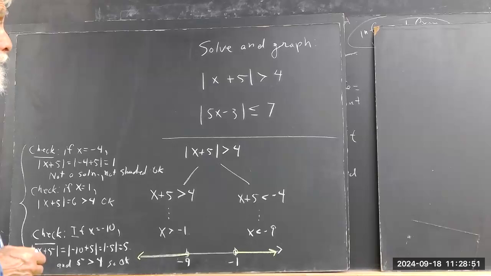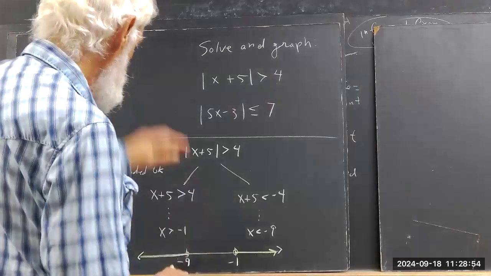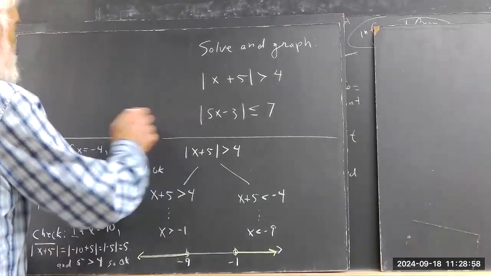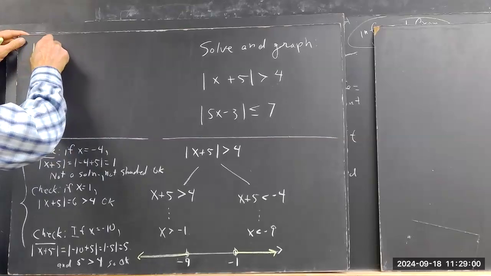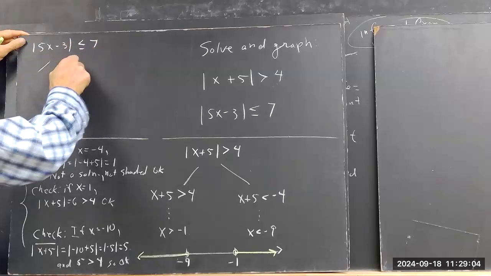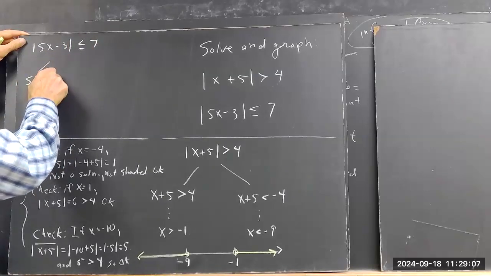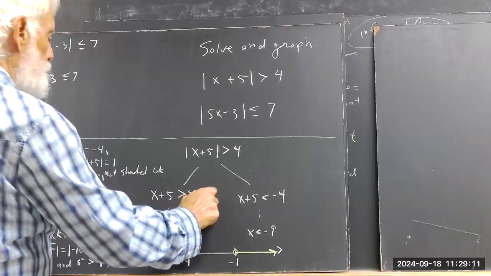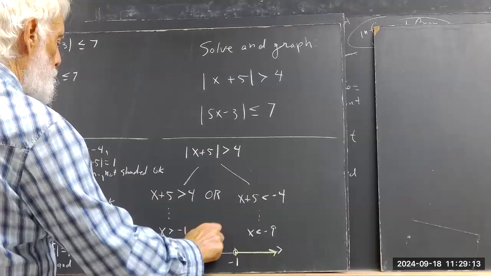Now we have the other question. Oh yeah, right there it is. Okay. Got this. That splits into 5x minus 3 less than or equal to 7. And I also said you want to put the word or in here.